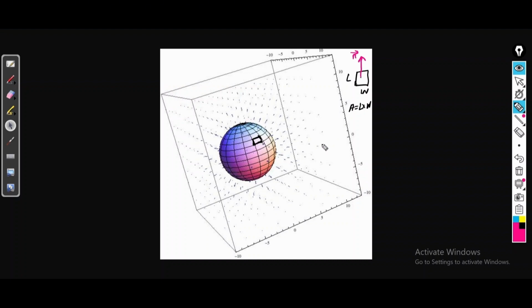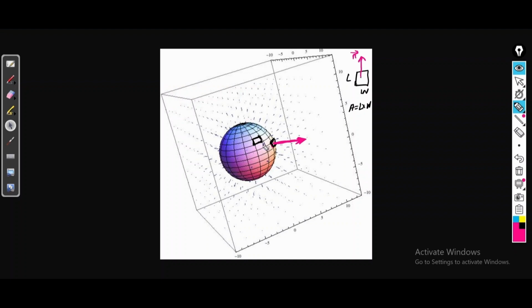Let's consider this same area here, then it will be easy for you to understand. This is the area I am considering here. In this case the direction of the area is perpendicular to this area, in this direction, from left to right.